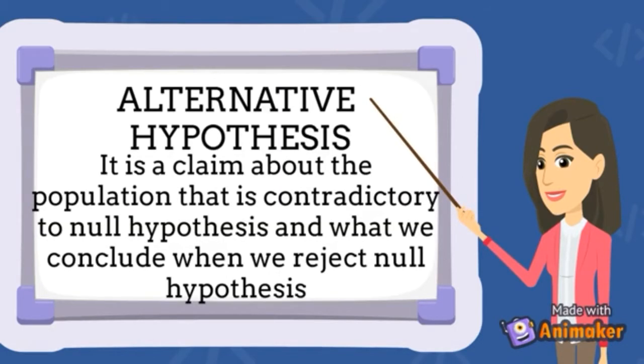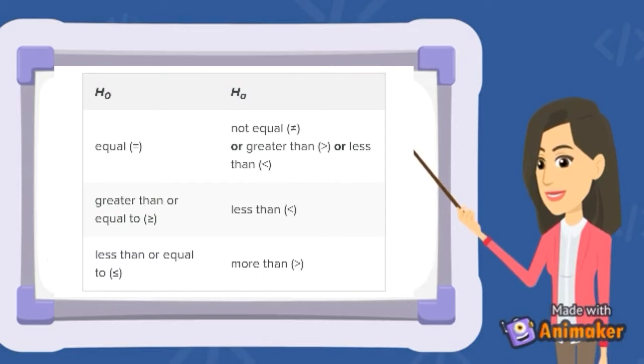It is a claim about the population that is contradictory to the null hypothesis and what we conclude when we reject the null hypothesis. Null hypothesis, denoted as H sub O, always has an equal sign, while alternative hypothesis, which is denoted as H sub A, does not have an equal sign.